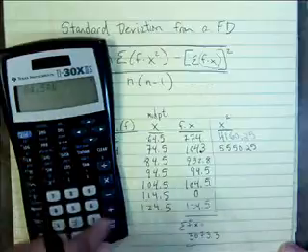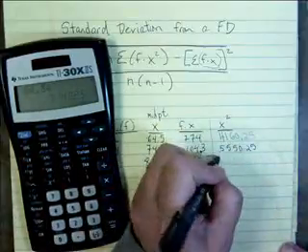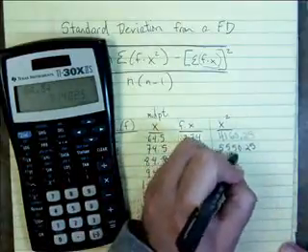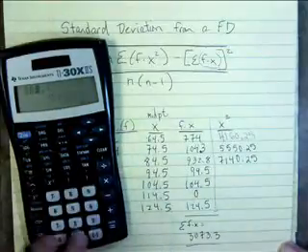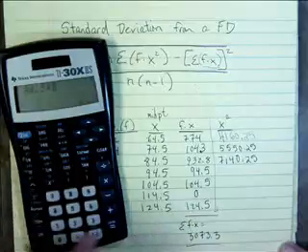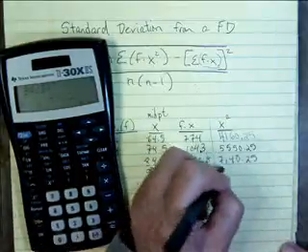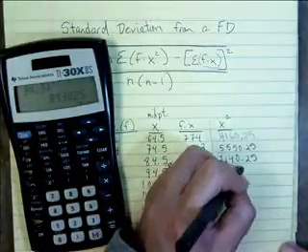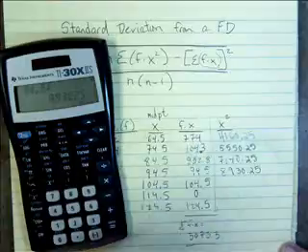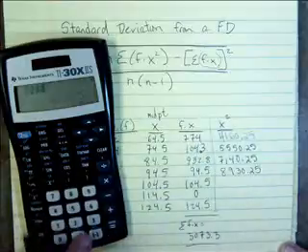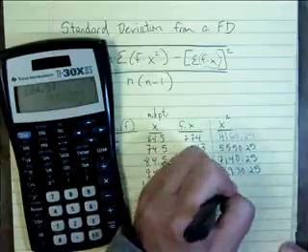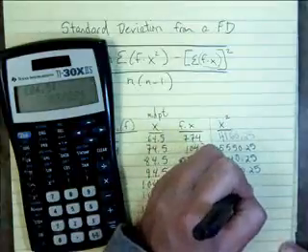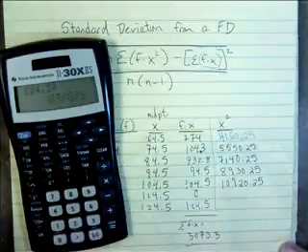84.5 squared, 7140.25. 94.5 squared, 8930.25. 104.5 squared, 10920.25.